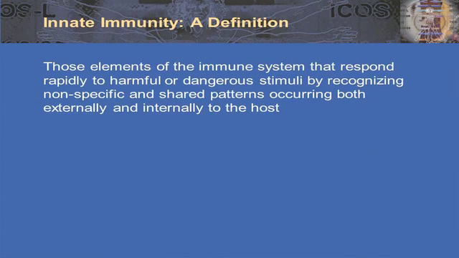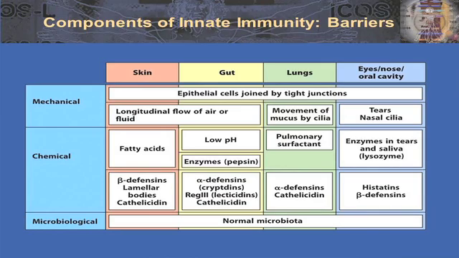Those elements of the immune system that respond rapidly to harmful or dangerous stimuli. I'm getting that danger in there again, the DAMPs. By recognizing nonspecific and shared patterns, the DAMPs, occurring both externally on microbes and internally. And I've given you an example of urate crystal to the host. So let's move forward.